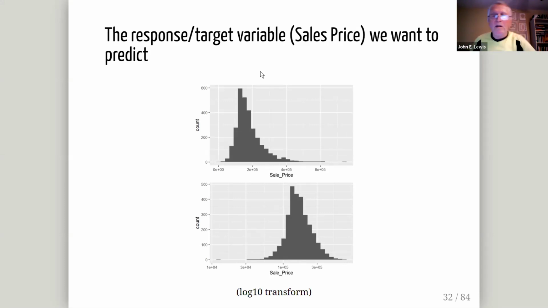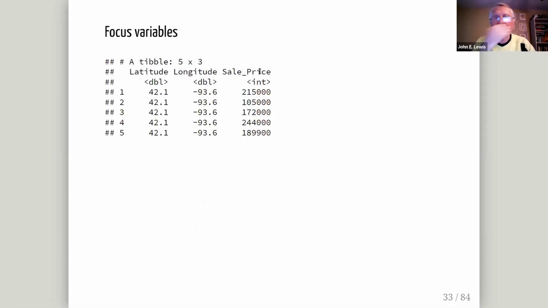The lower one I've done a log transform on, and so we then have a more normal type distribution shape in the form of this log normal graph or histogram that you see here. So these are the focus variables that I have: 2,930 observations of sale price, longitude, and latitude, and I just display here the first 5 that we have.